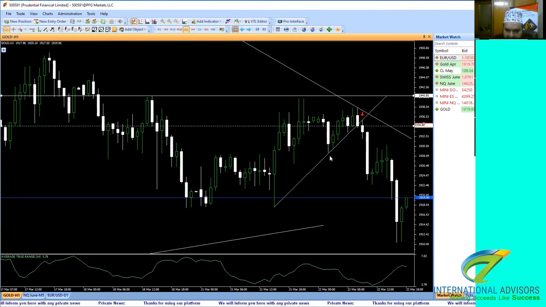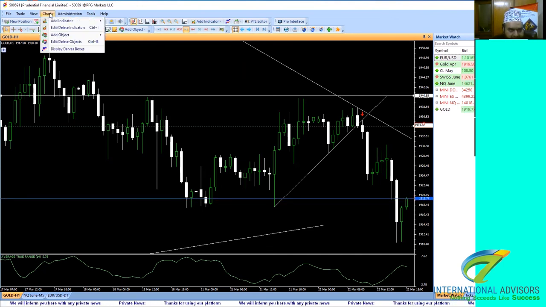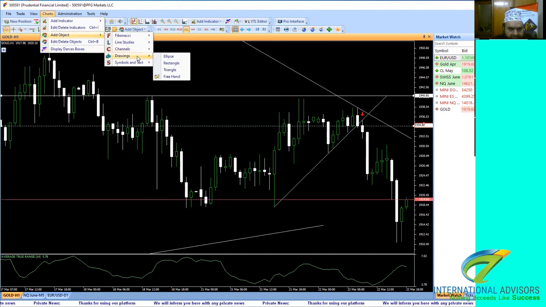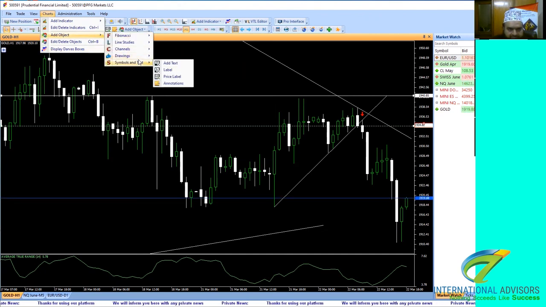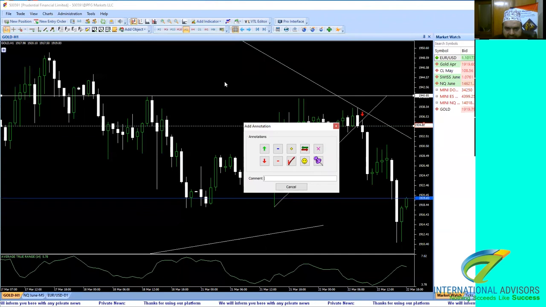Okay, then as we discussed, what should be the T1 and T2 for this move? What should be the T1 and T2 if we sell it here? Anyone?